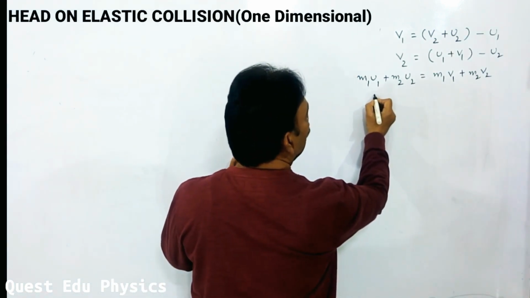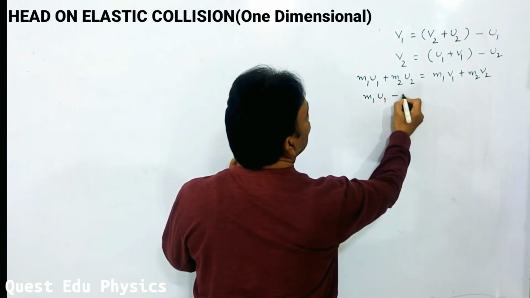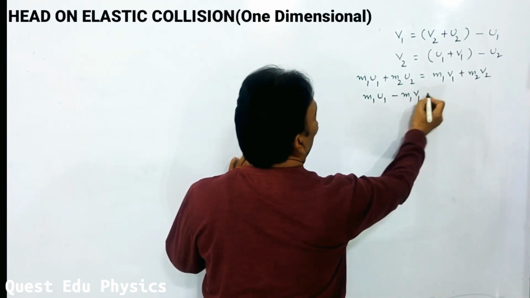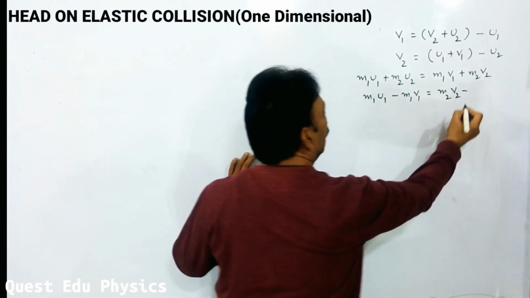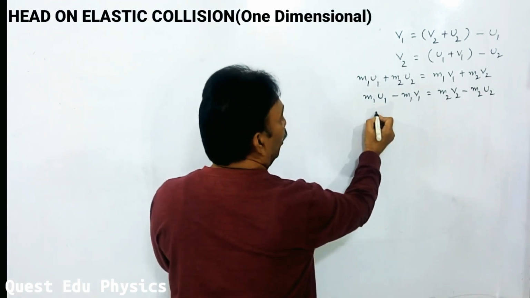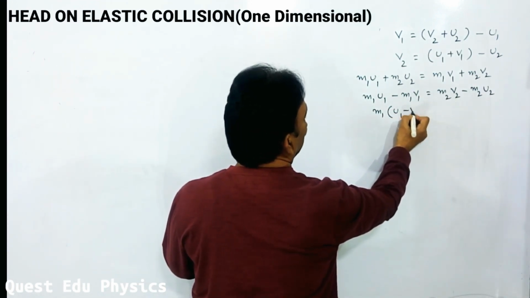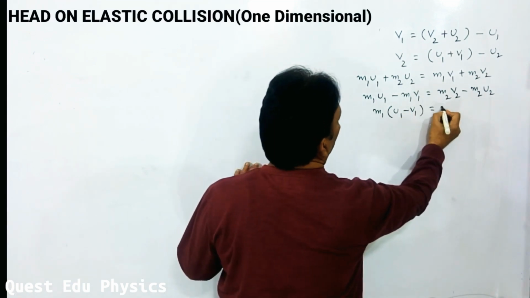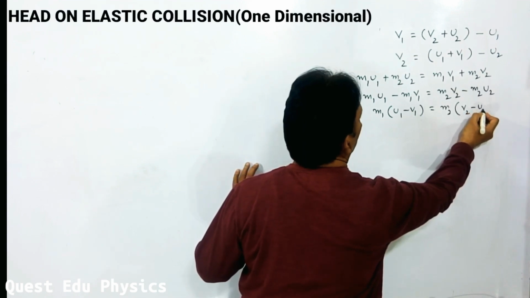If you bring the similar terms, what do you get? m1 u1 minus m1 v1. Already we did this. m2 v2 minus m2 u2, or m1 of u1 minus v1 is equal to m2 of v2 minus u2.